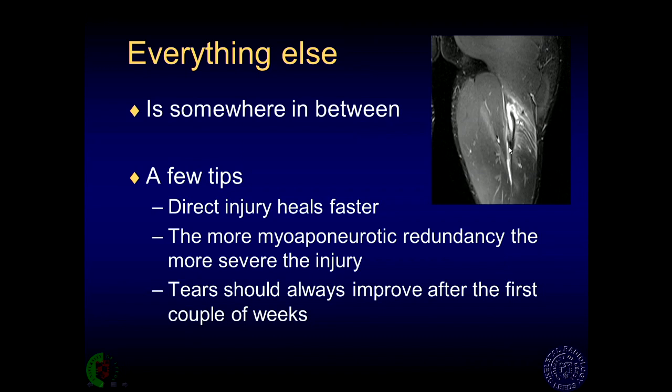And that's going to push you over towards the 8 to 12 week recovery time. The other thing is that tears should always be improving after the first couple of weeks. And if they're not, you need to start thinking about complications, myositis ossificans, or other problems that may be occurring in that muscle.